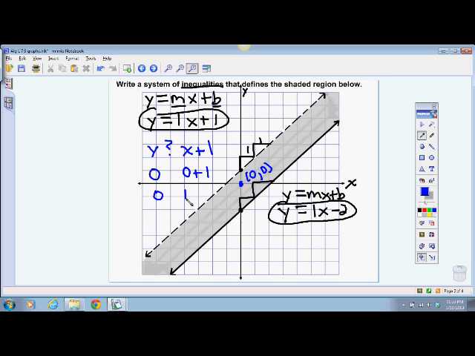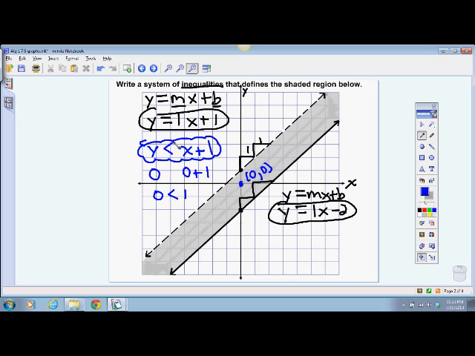We end up with 0 and 1, and we know that 0 is less than 1. We can write in y is less than x plus 1. So there is one of our equations.